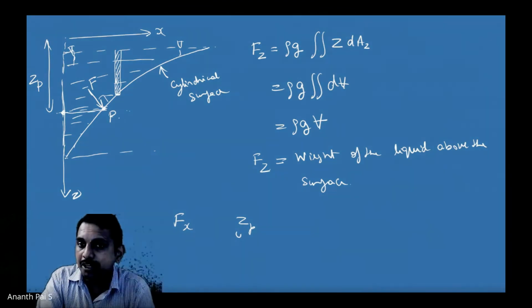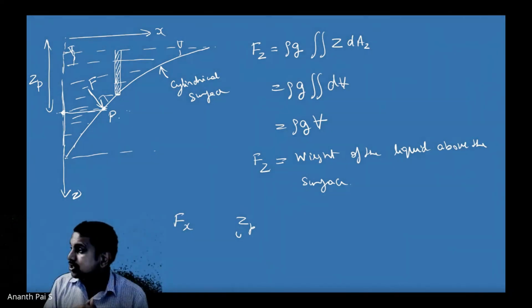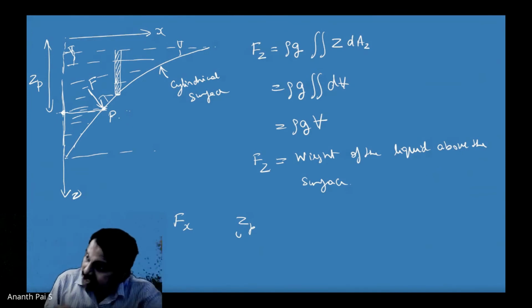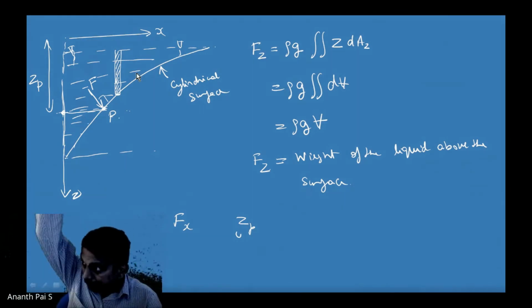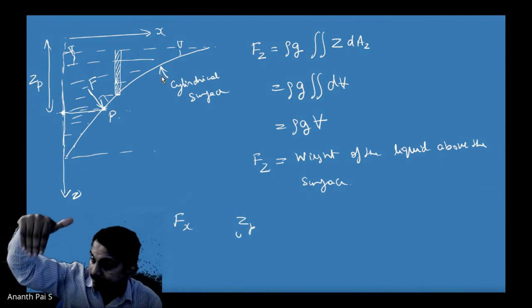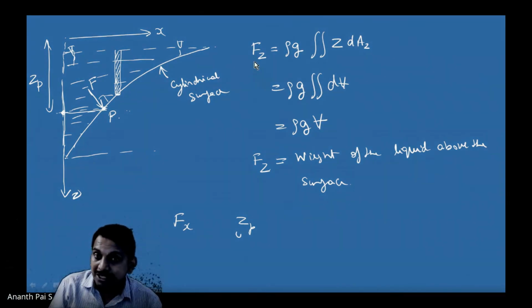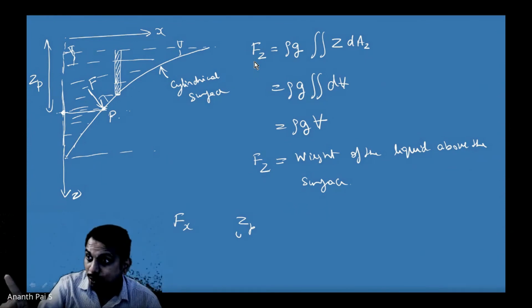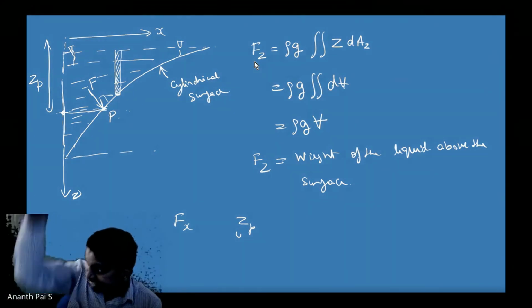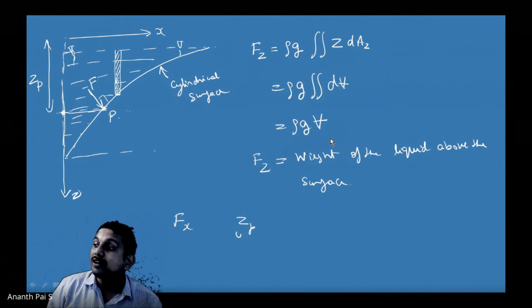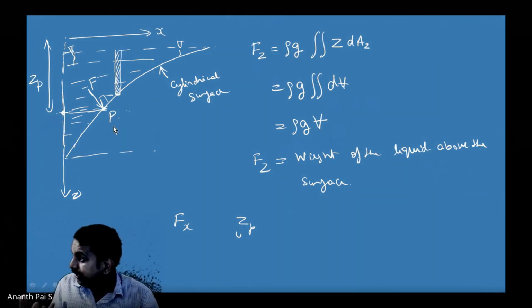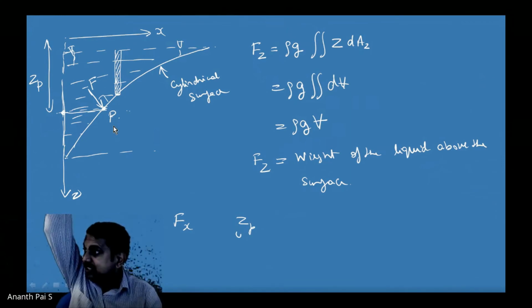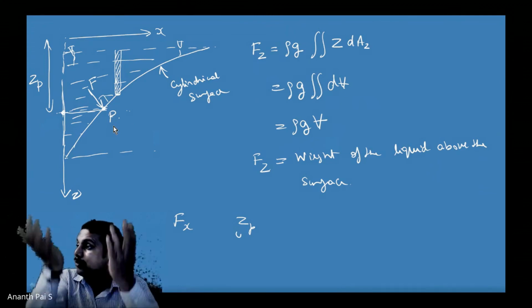And one more point here, on forces on curved surfaces. If the water is on this side, the pressure force from the top is equal to the total force in the FZ direction, not the total force totally. It is only the Z component that is equal to the weight of the fluid above it. Fx is separate, which you have to calculate, but at least the Fz component is equal to the weight of the fluid above it.